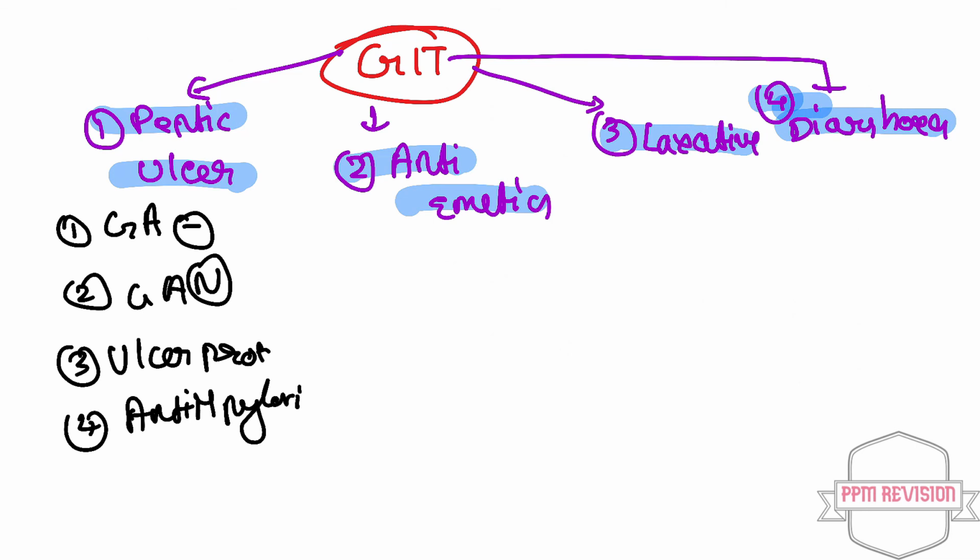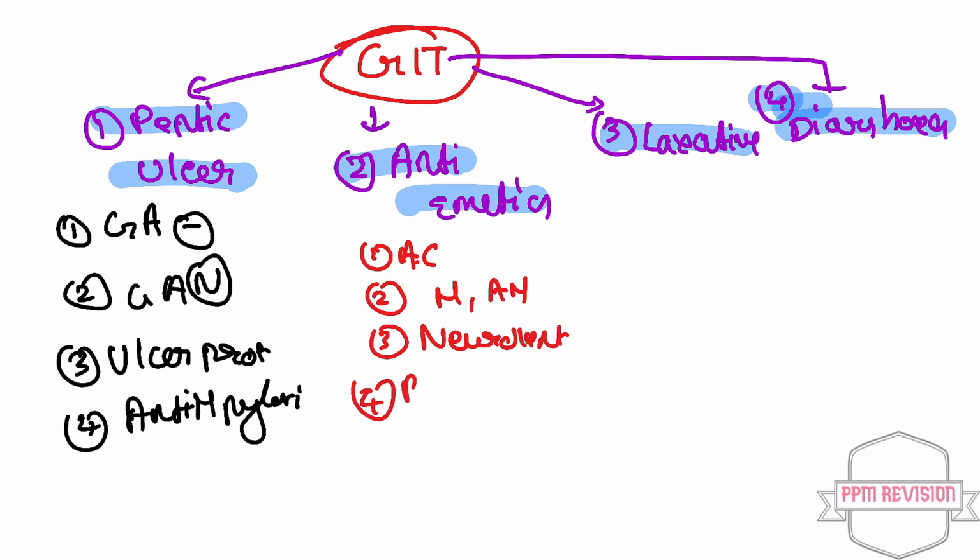Moving ahead to the next one, that was the antiemetics. Under the antiemetics, we saw the anticholinergics, the H1 antihistaminics, then the neuroleptics, as well as the prokinetic agents. We saw the 5-HT3 antagonist and the NK receptor antagonist.